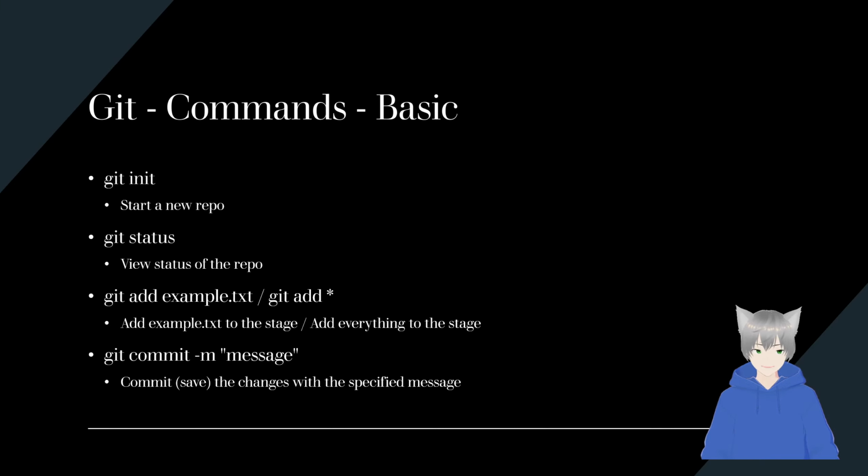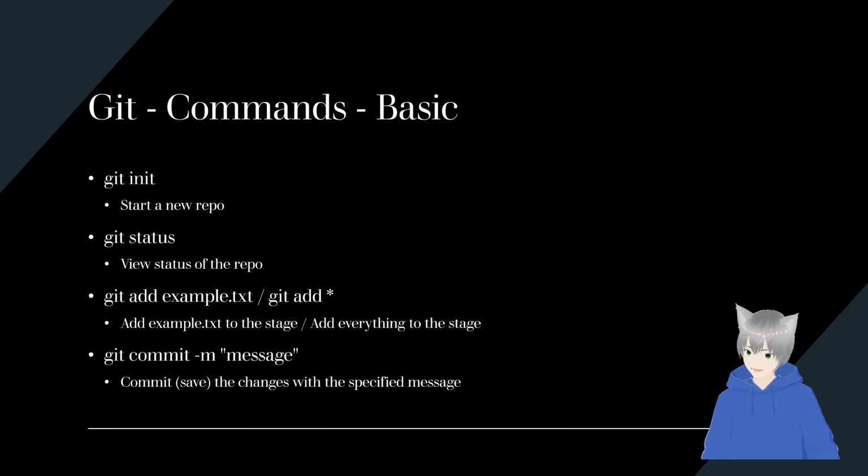And the stage is kind of like a platform above the audience, if you take the analogy. And the next part is you commit the files on the stage to the repository.